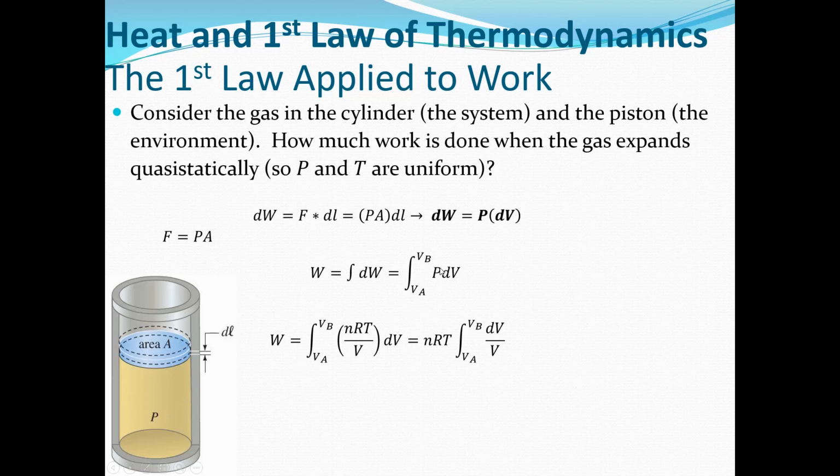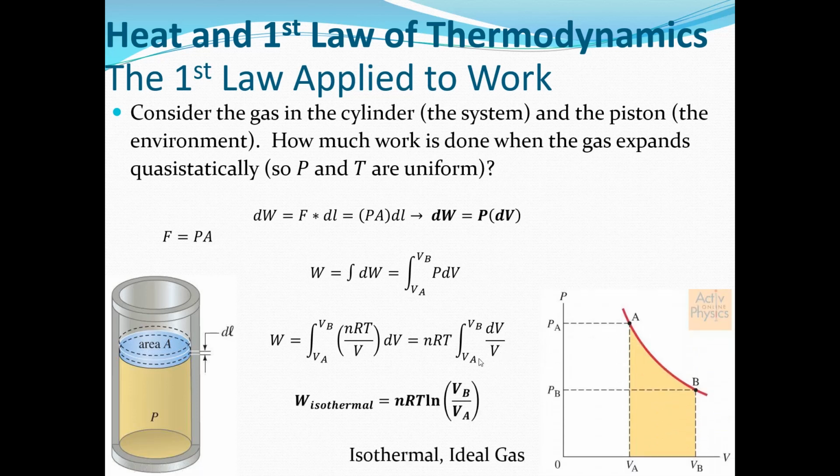Because of that, we have to go back to PV equals nRT and plug that into this equation, so that we get the relationship to volume. nRT are constant, so they get pulled out. So we integrate dV over V, which, as many people who know calculus know, is a log function.